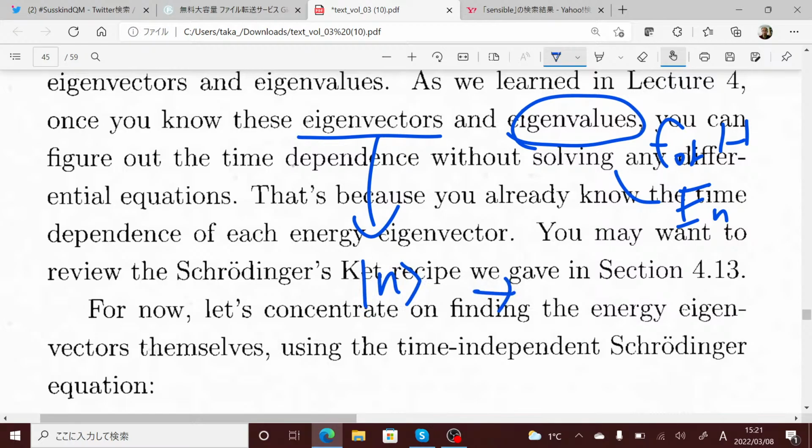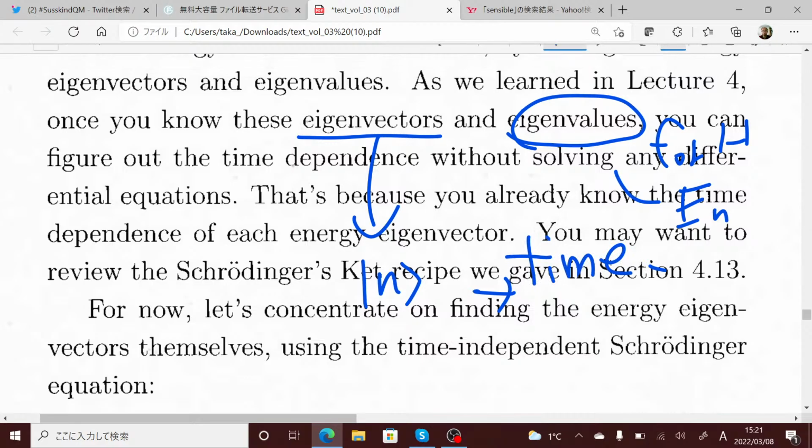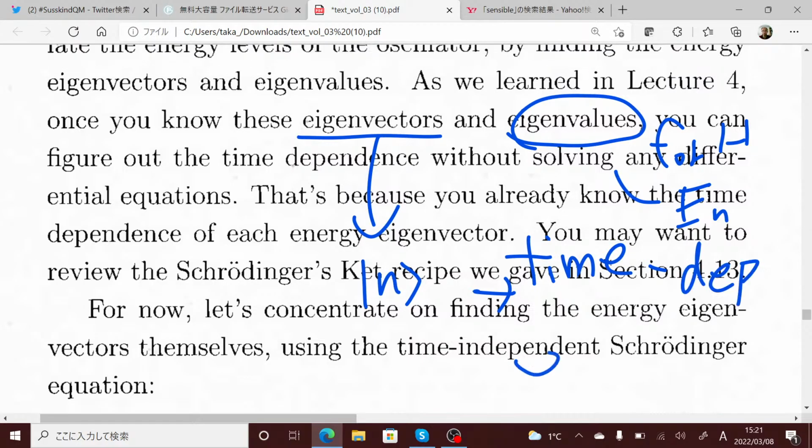Then the time dependence goes like exponential minus i E_n divided by h bar times t, times |n>. This is the time dependence.